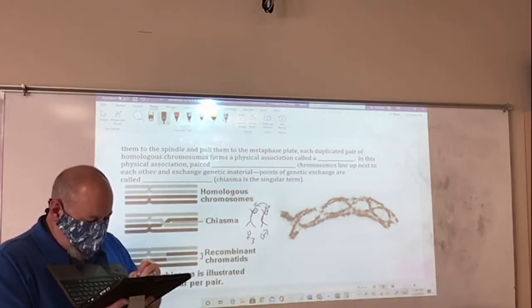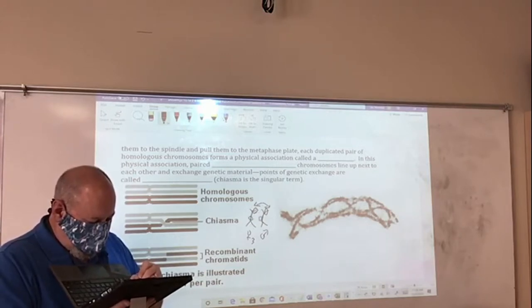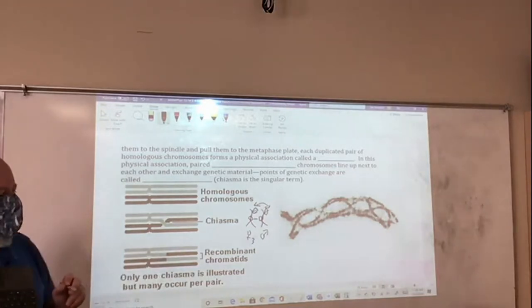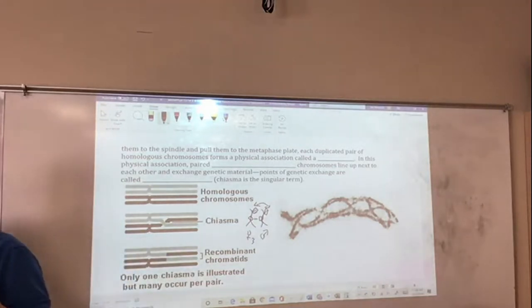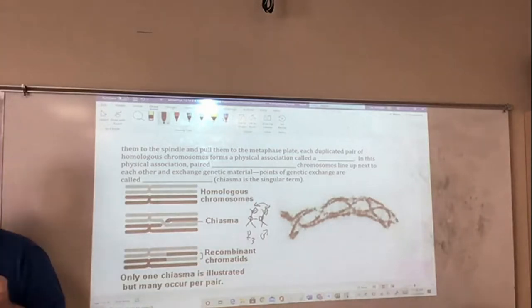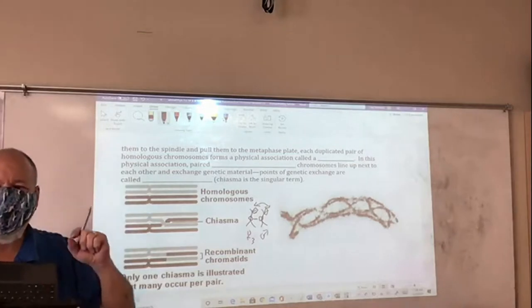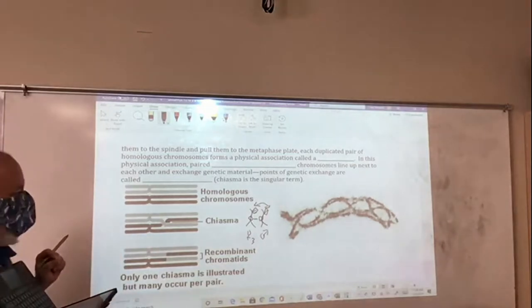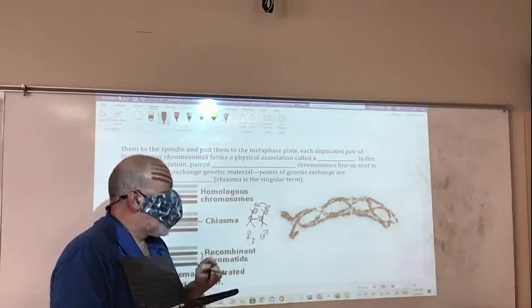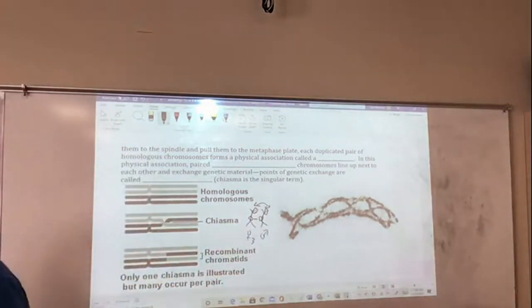And I might have another piece of DNA here that I exchange for a piece of DNA here. Okay? Imagine trying to do this and it has to be exactly the same piece of genetic material. Okay? It has to be exactly the same piece of genetic material. If I'm off by one base pair here, I screw everything up.